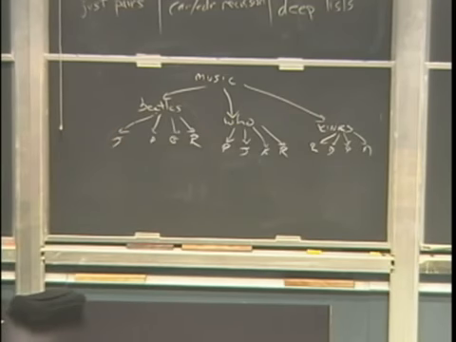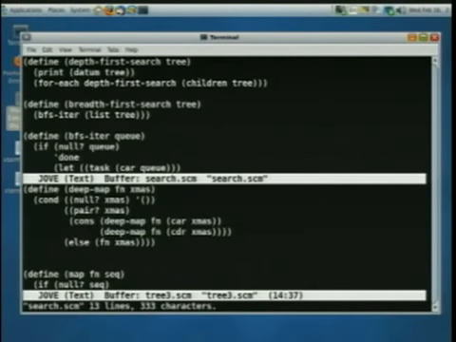Okay? The program to do it is very simple. It's the first three lines at the top of the screen. So to depth first search a tree, and here all I'm going to do is print out the datum of each node. So I start by saying, print the datum of this node, music. And now I'm going to say, for each of the children, depth first search them.